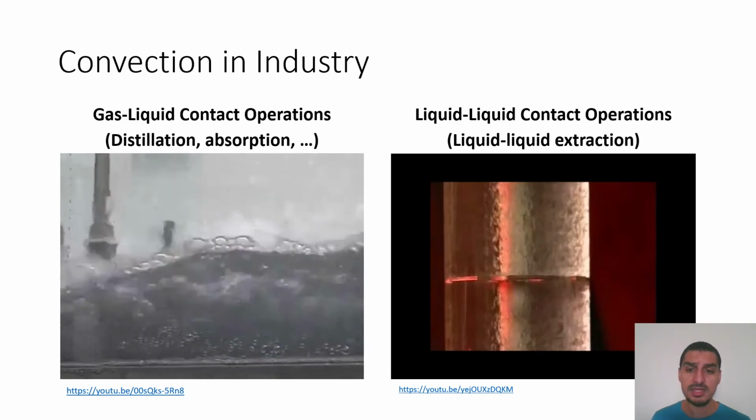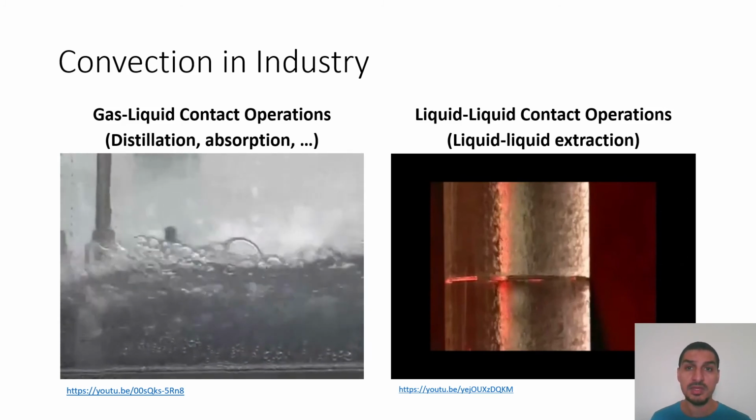This is designed intentionally to enhance the rate of mass transfer. Without this, the rate would be very, very slow, and that's why in such cases you have the optimum operating ranges, where you have a velocity that you cannot get lower or exceed, so that the operation is efficient.